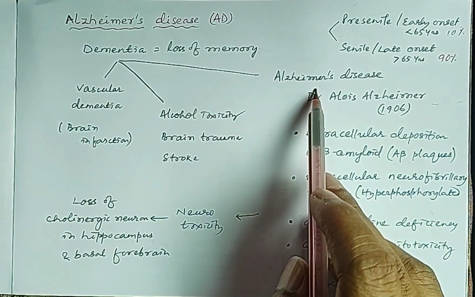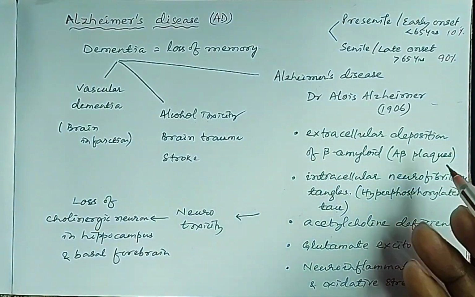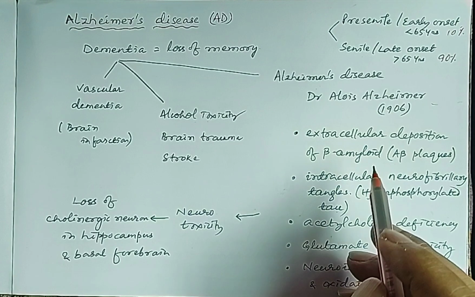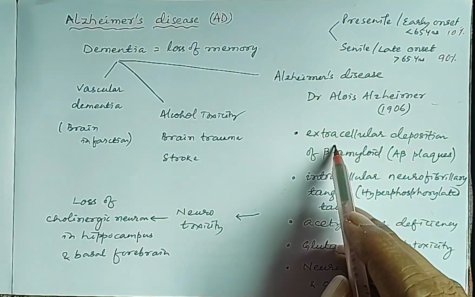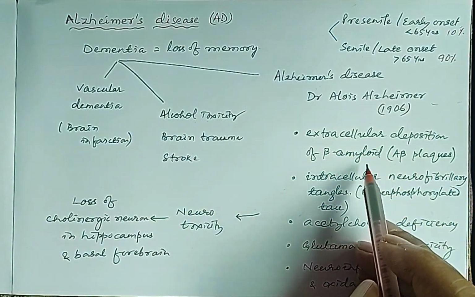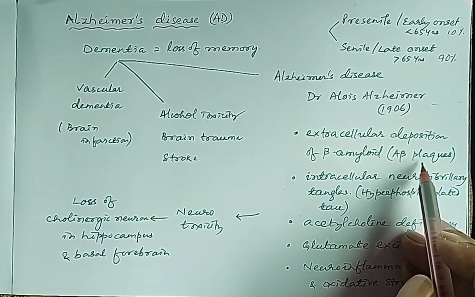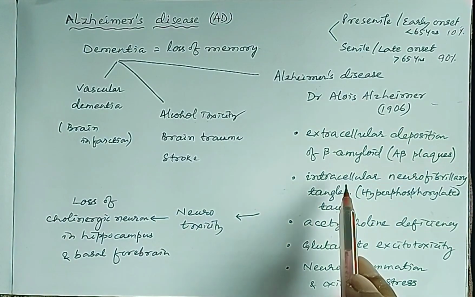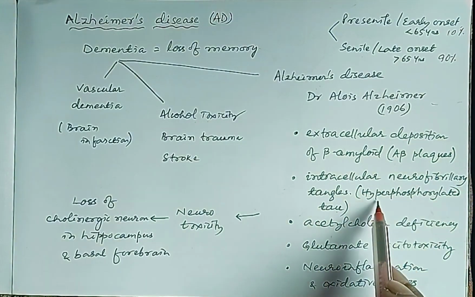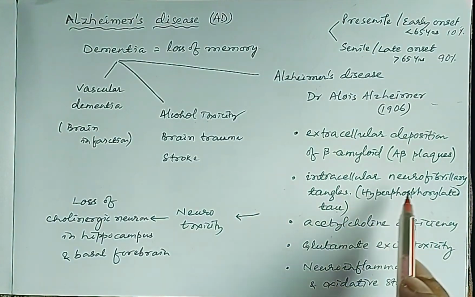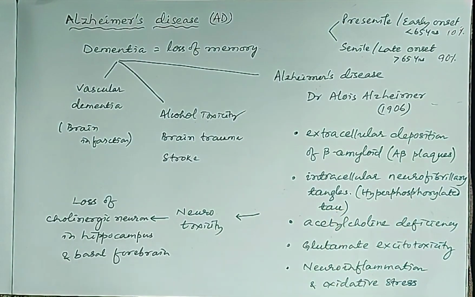In Alzheimer's disease there are two main pathological features: the extracellular deposition of beta amyloid called amyloid beta plaques, and intracellular deposition of hyperphosphorylated tau proteins called neurofibrillary tangles. In addition, there are two neurotransmitters, acetylcholine and glutamate.